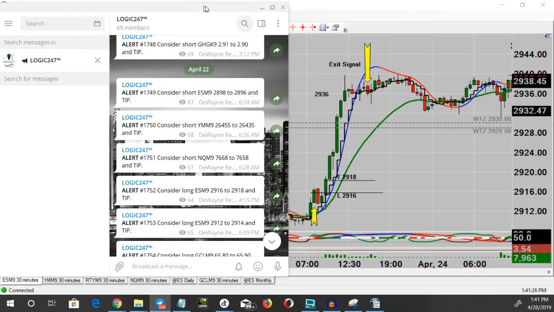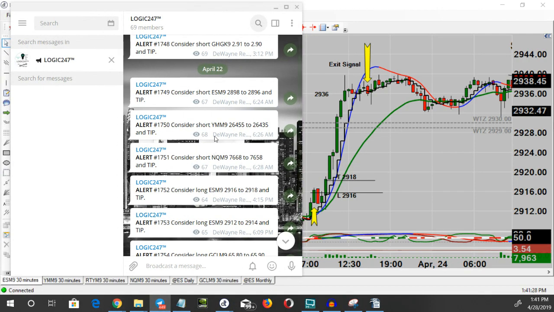This is the alert delivered in Telegram. When you hover over and wait, it's going to tell you the day it was published and the time it was published, okay? And it's going to read it to you in your time.